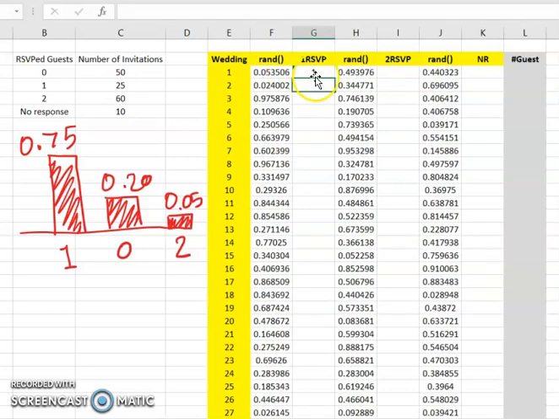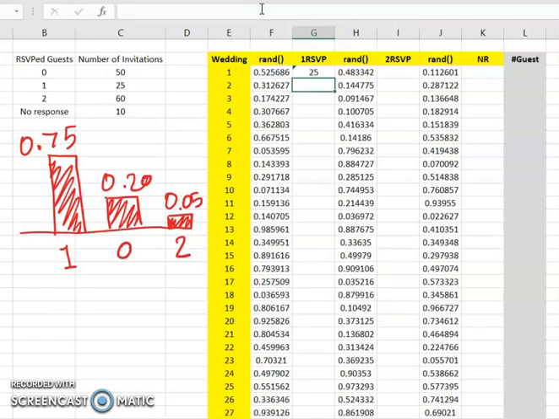For example, for the first one, they attend alone. But remember, as I told you, we are using one column for all the 25 guests who have RSVP'd as alone. So what we get here, we need to multiply it by 25, because as you can see in this table, we have 25 of these people.